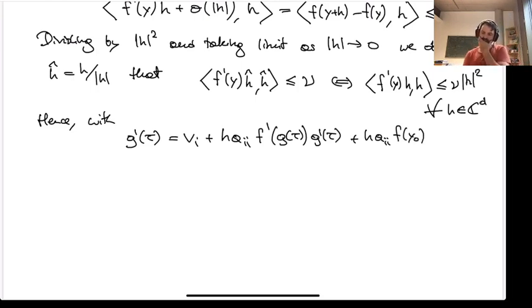So that's the second term, or last term, in the homotopy function.